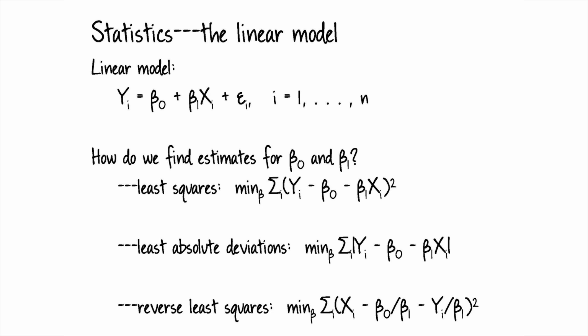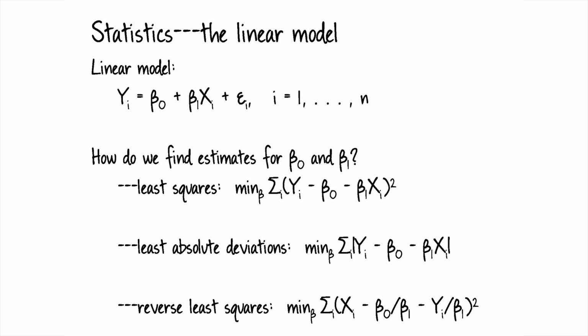If we plug in the estimates, we call that a residual. And if we square the residuals and sum them up and find the parameters that minimize that sum of squares, that's called a least squares estimator.